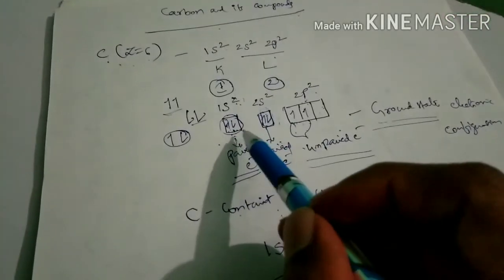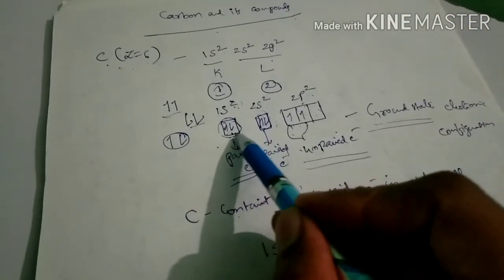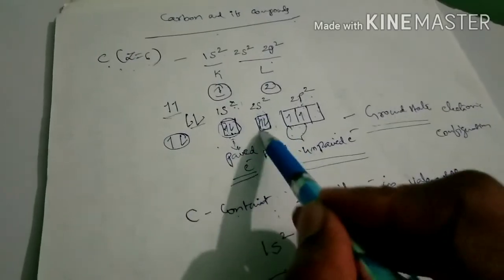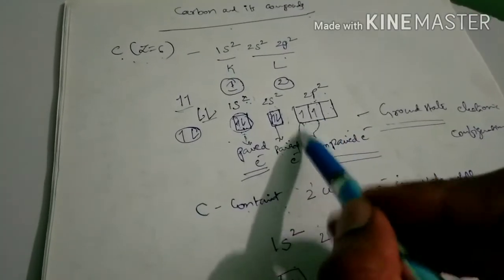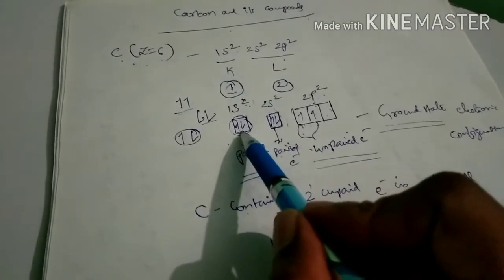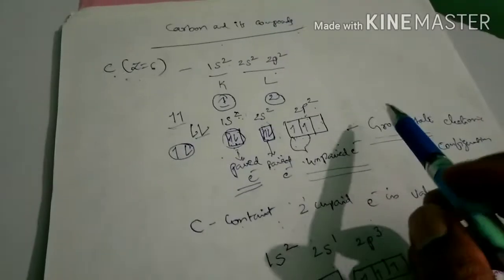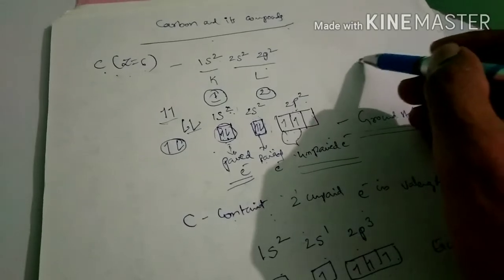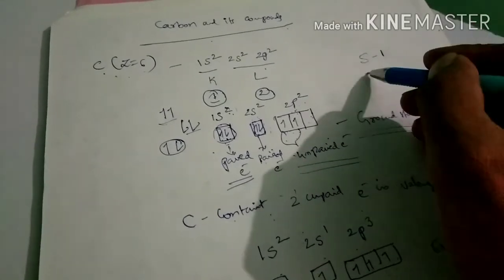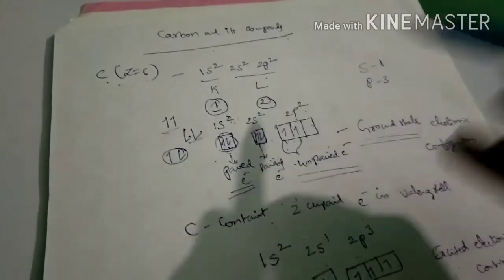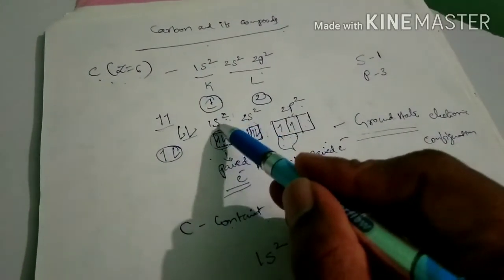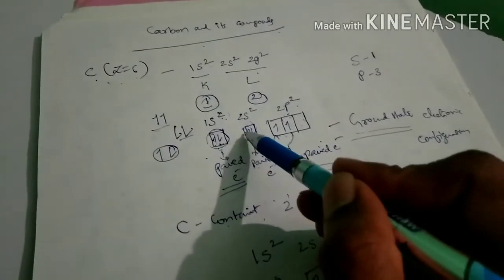Next one, this is called orbital representation. These boxes are called orbitals. These orbitals are present in subshells. We know that already. S subshell contains 1 orbital, P subshell contains 3 orbitals. One box is considered as 1 orbital.